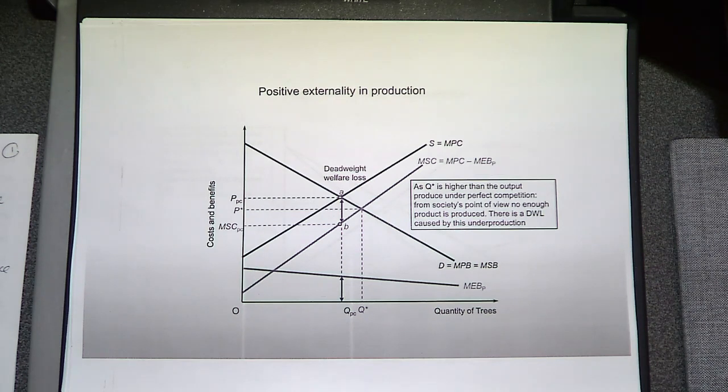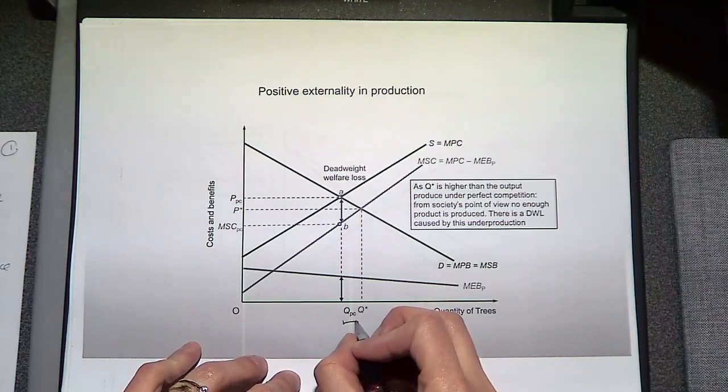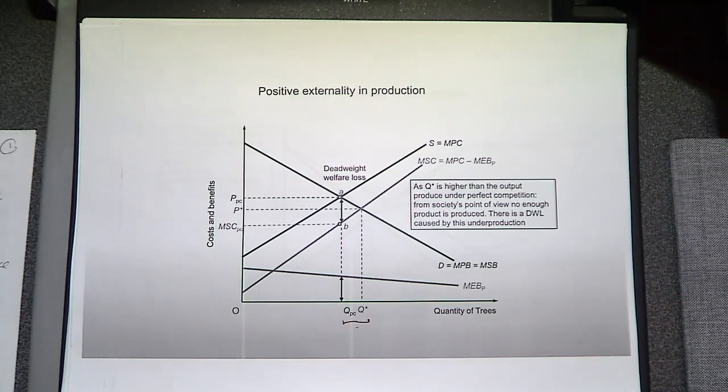Okay, so in this case, the optimum production would be above the production that the private market produces. So in reality, society wants more trees planted than the private market is planting.